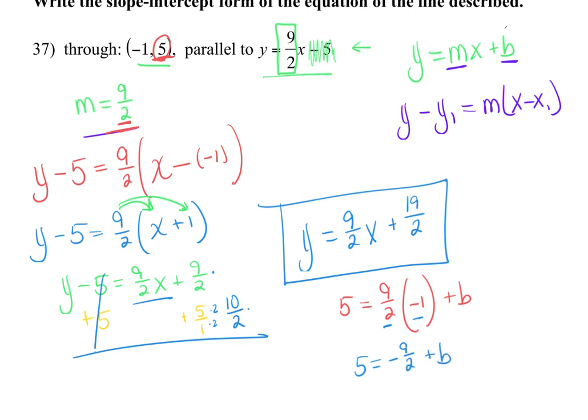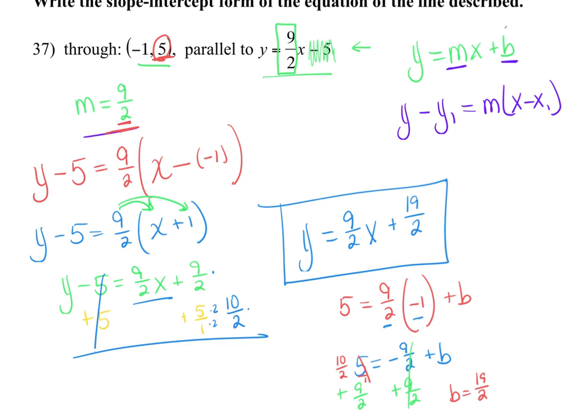To solve for b, I'm going to add my 9/2 to both sides. So now I have 5 plus 9/2. Once again, that's 5 over 1. We have to get a common denominator, which is 10 over 2. So I have 10 over 2 plus 9 over 2. B is going to equal 19 over 2.